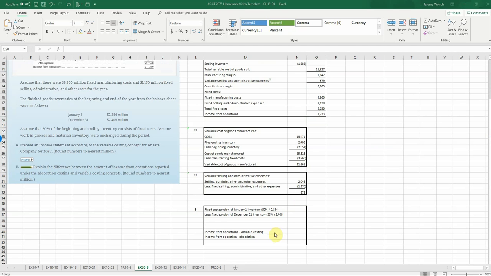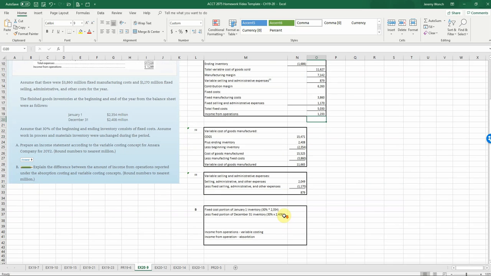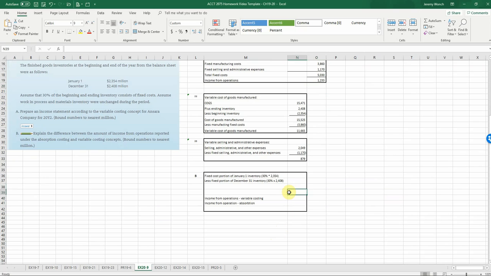So to calculate the difference, I'm going to do this bottom portion first. The income from variable costing is 1233, and we had our income from absorption of 1249. So our difference is 16.